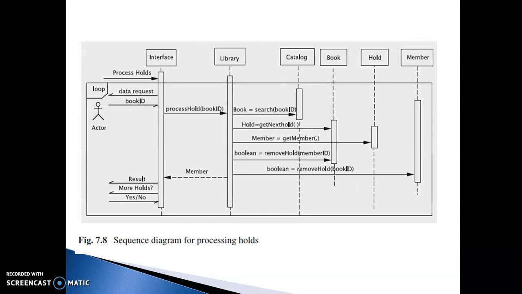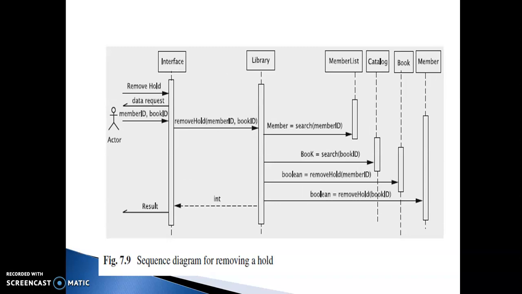So whatever the interaction diagrams or use case diagrams were there, the same concept is there, but it is in a sequential manner, one after the other, with a dashed line. It is explained over here, and sequence diagram for removing a hold on a book. So till this, let us cover in the next video. Thank you.